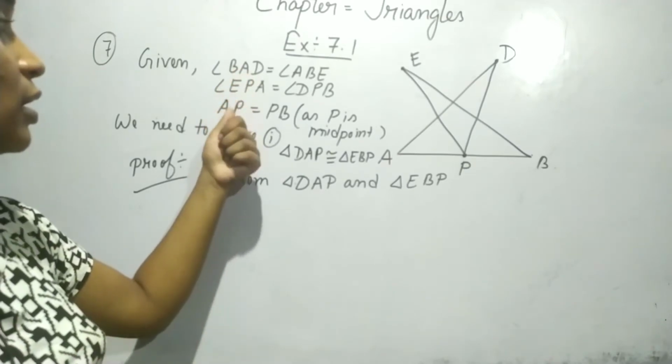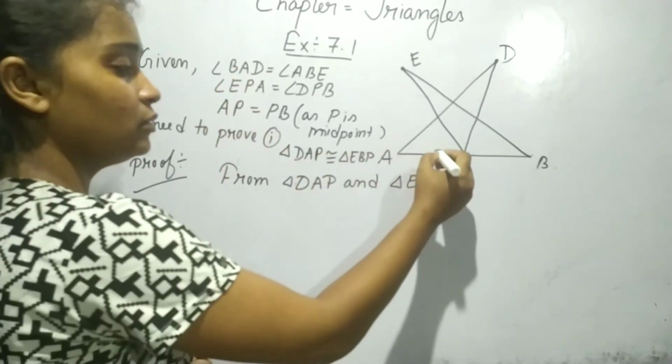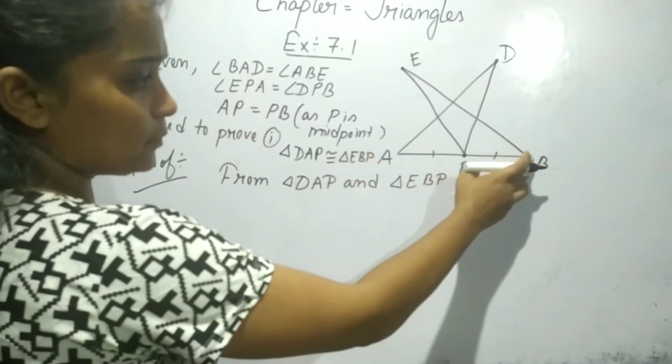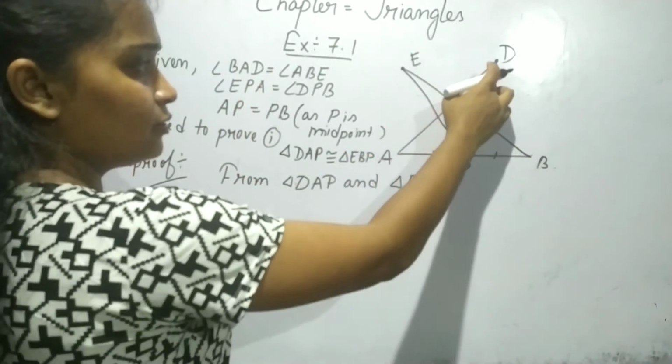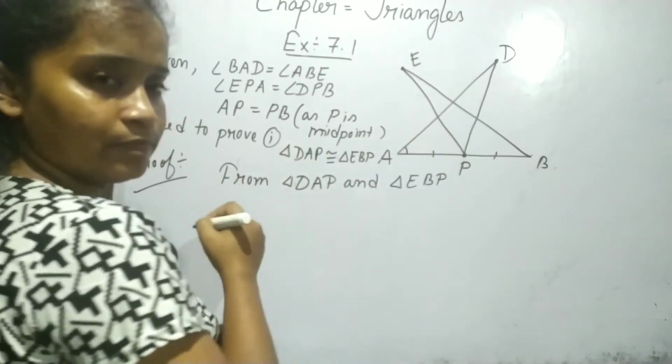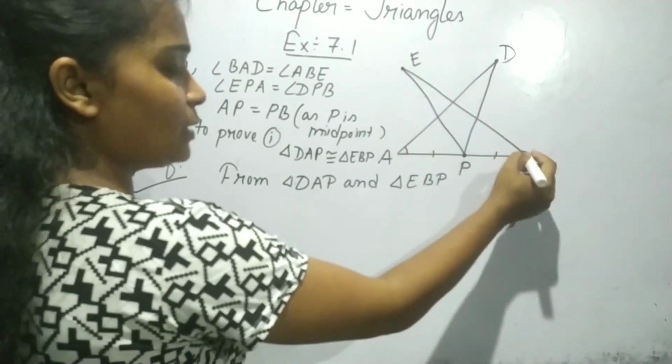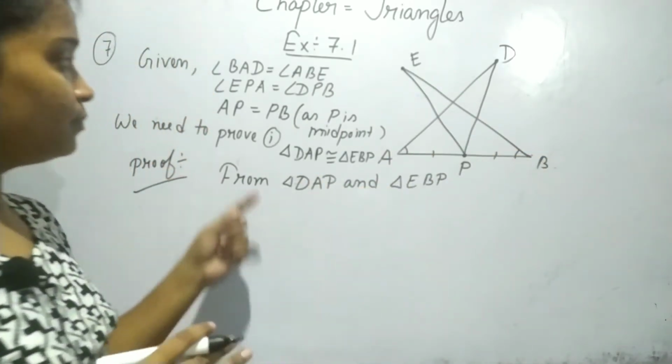Mark first AP equals PB. Then BAD is given, which means mainly this angle. Next ABE is given, which means mainly this angle.